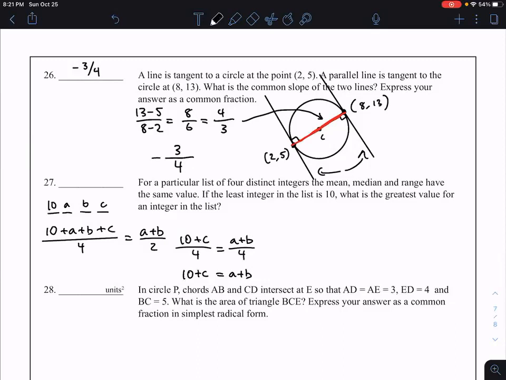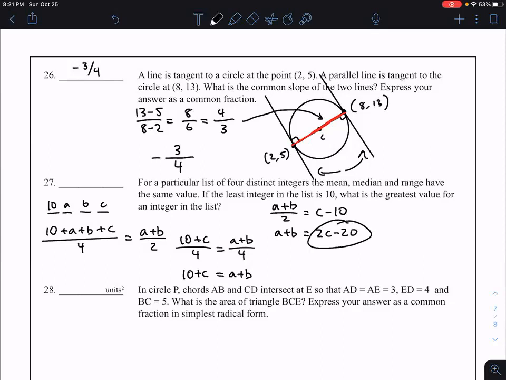Okay, and we also know that the median is equal to the range, so we can express that as (A plus B) over 2 is equal to C minus 10. And now we can see that A plus B is equal to 2C minus 20.